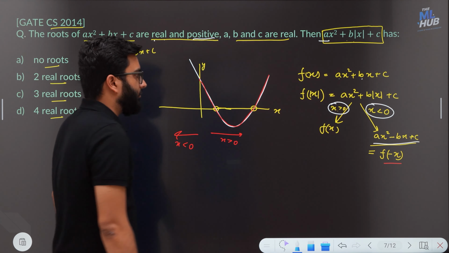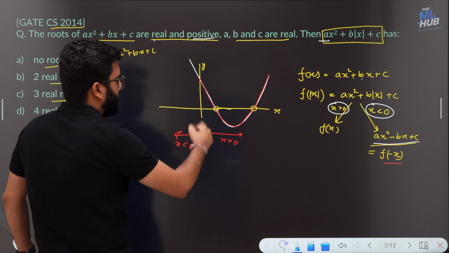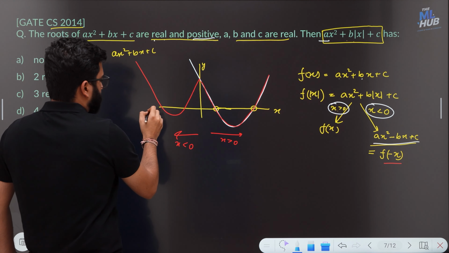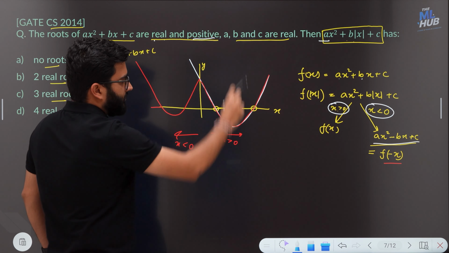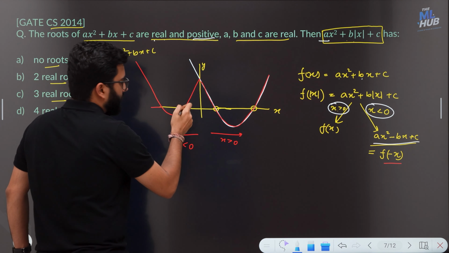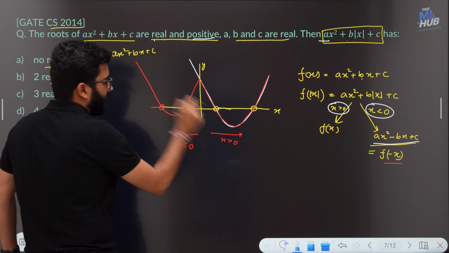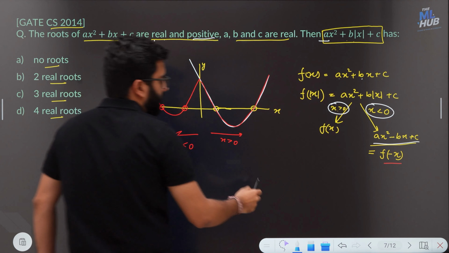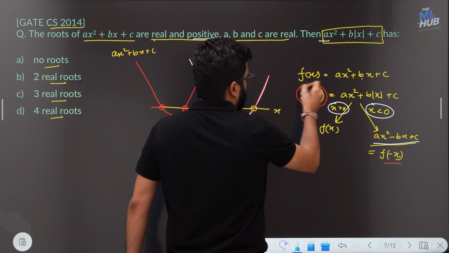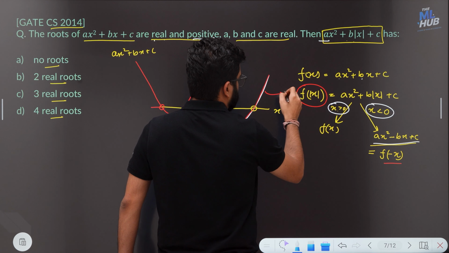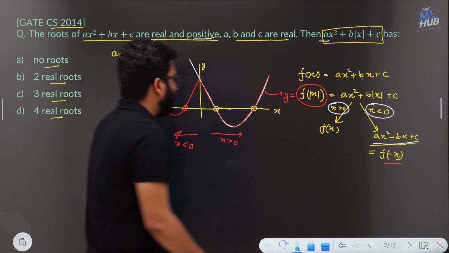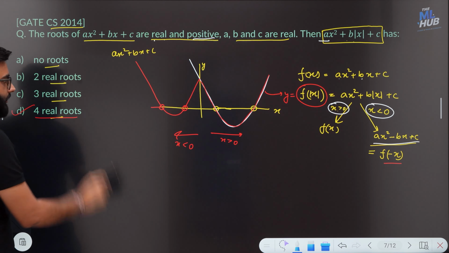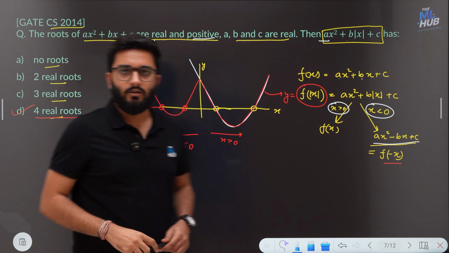F of minus x will be the mirror image in y-axis. So it will be like this. So this equation will be having 4 real roots. So the graph marked with red is the graph of f of mod of x. So option D is correct. It will be having 4 real roots. Alright.